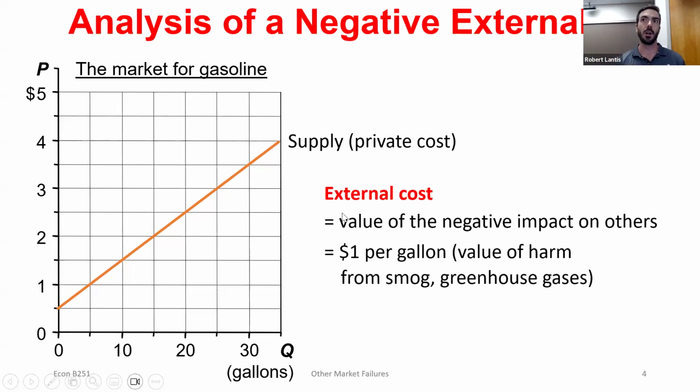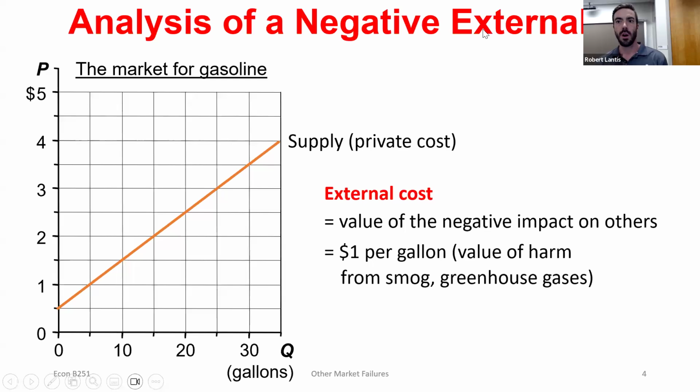Even though I'm not involved in the market for gasoline, I now have this additional cost from the pollution. Let's say we could somehow put the valuation at $1 per gallon. Our external costs and benefits, we're always going to think about on a per unit basis. So for the negative externality, we can put a valuation per unit: it's causing a $1 negative externality, or an additional cost.